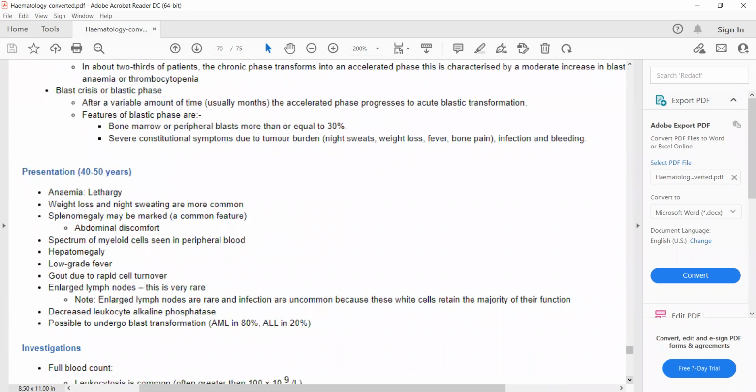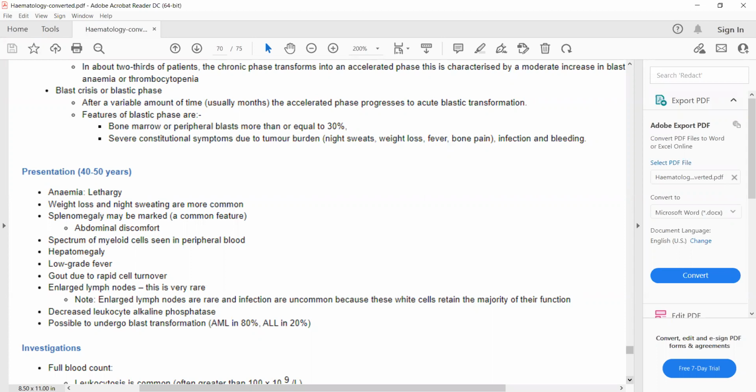What is the presentation of CML? Anemia, weight loss, and night sweating are common. Remember that because of excessive proliferation of white blood cells, there is a massive splenomegaly. So whenever you see a massively enlarged spleen, you will think about two diseases for PLAB 1.